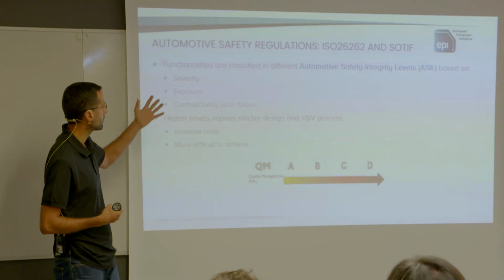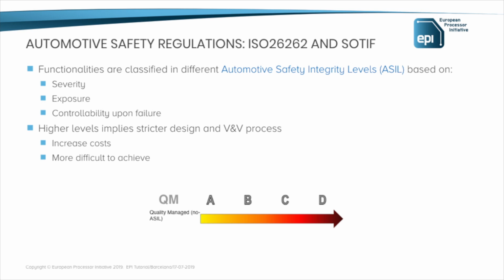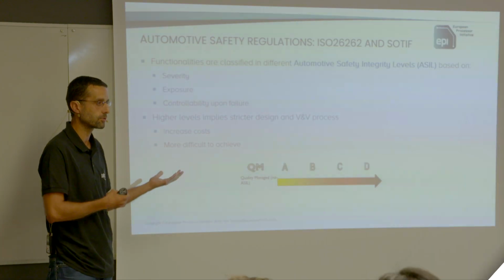In automotive, in ISO 26262, they have a number of, let's say, degrees of criticality, what they call automotive safety integrity levels, ASIL, where D is the most critical one. So just for you to have an idea, a braking system of a car is ASIL D. It is one of the most critical things.